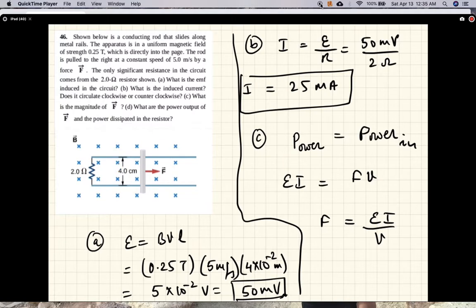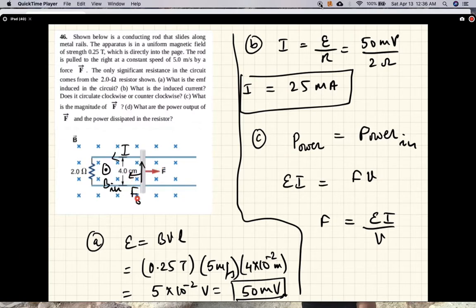So we need the induced field to come out of the paper. And for that to happen, the current needs to be in that direction. When the current is in this direction, the current feels a magnetic force, I cross B, in this direction. And the applied force needs to be equal and opposite to that.